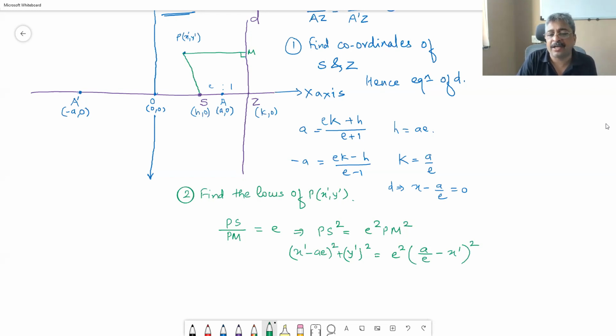Of course, you have to write: let P(x', y') belong to the desired locus, then this is the geometric condition, and then we simplify.